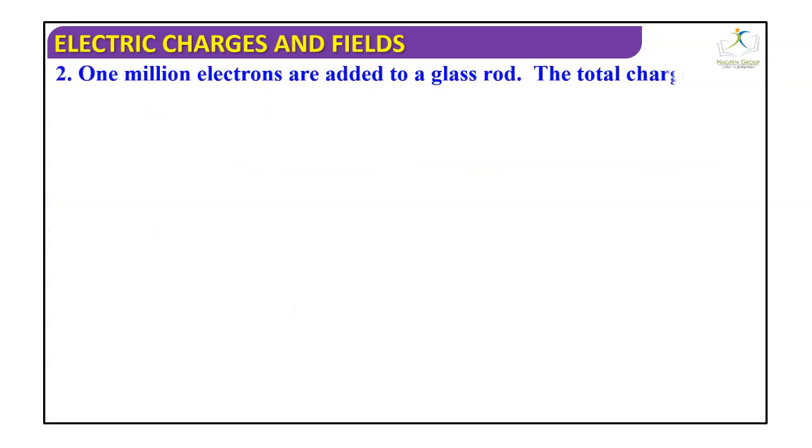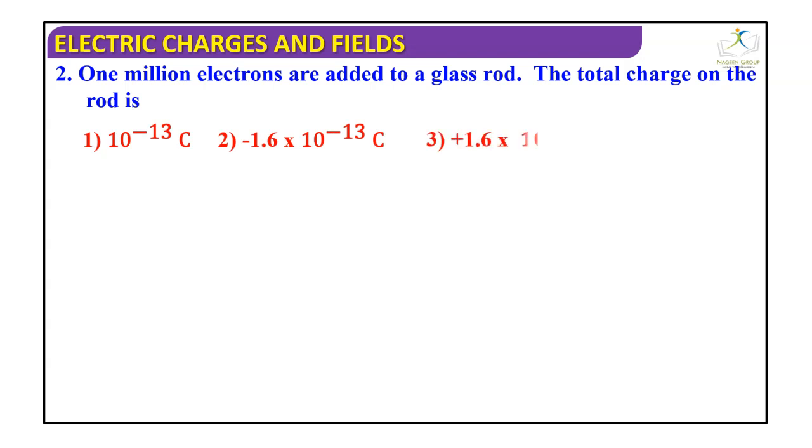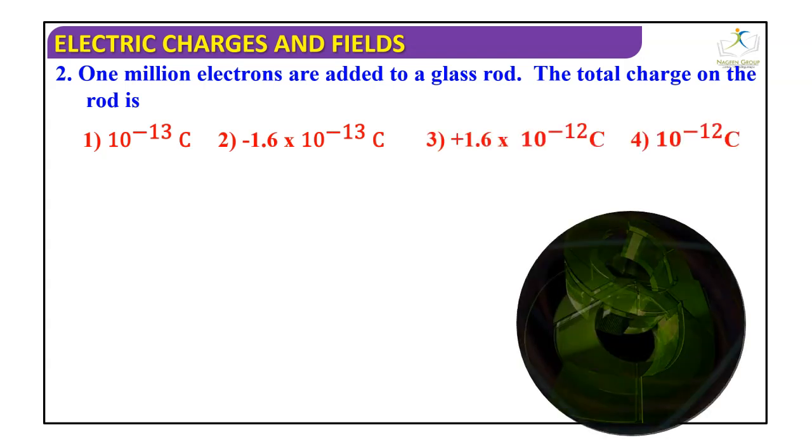1 million electrons are added to a glass rod. The total charge on the rod is. Try to solve this problem.